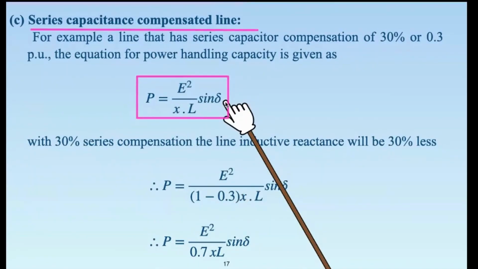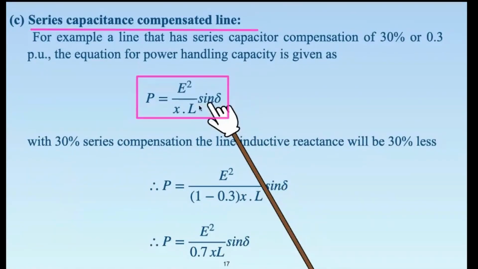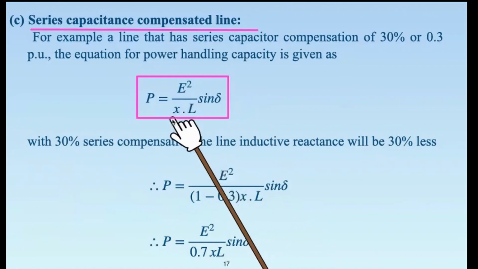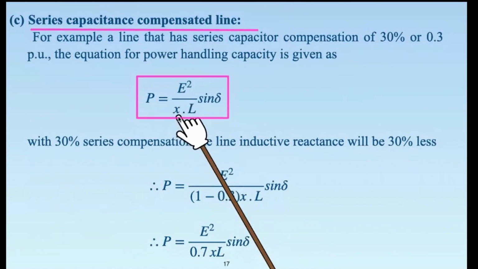Okay, for given line dimensions, for a given transmission tower structure, and for a given rated voltage, this value of X is a standard. Positive sequence reactance for a transmission line is a standard value. So we don't have any control over this value.